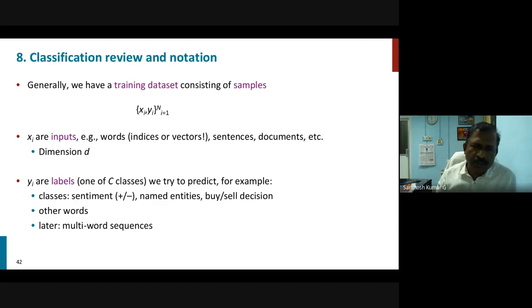For example, a class could be a sentiment class: positive sentiment, negative sentiment, or neutral sentiment. So there are three classes. There could be named entities representing classes like persons, organizations, etc. Then a decision, such as buy or sell, can also represent the class.